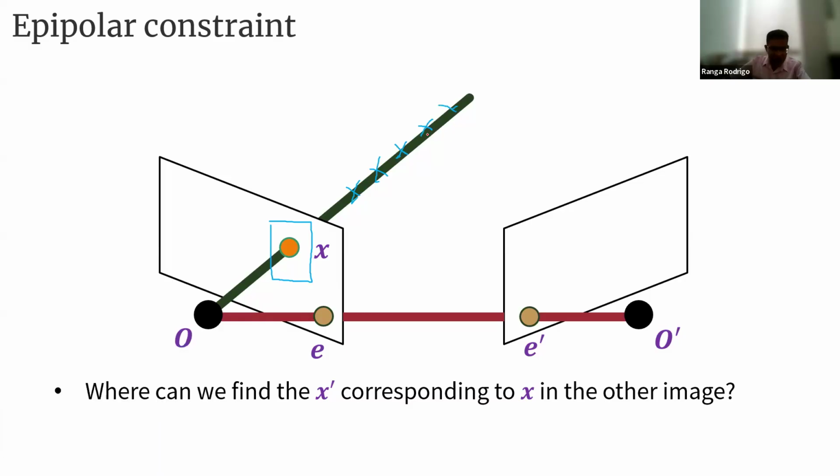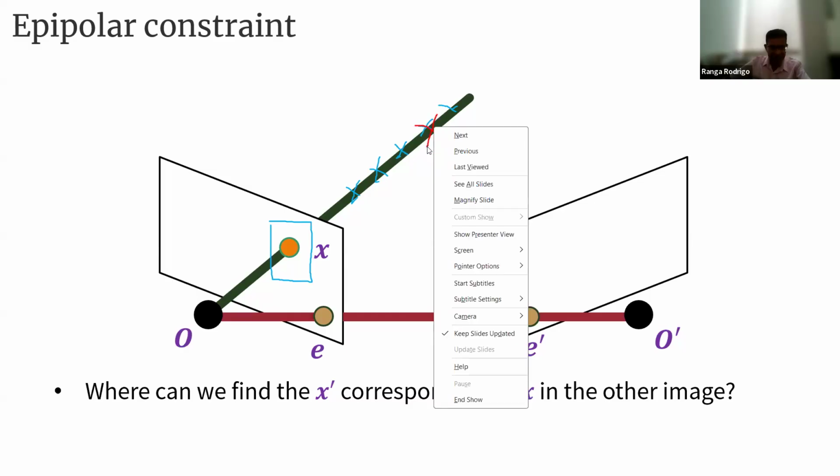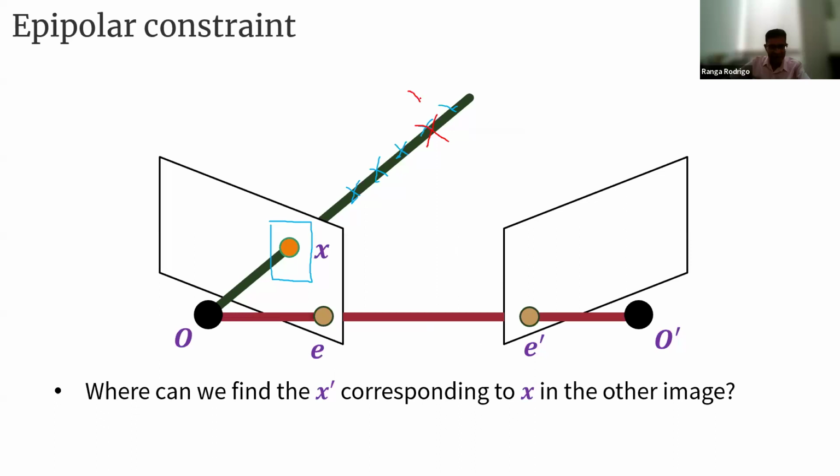Assume for now that we know that capital X is right here. That's our capital X. If that is the case, how do you find its image? You join the camera center and this point, like so. And where it cuts the image plane, you will have small x prime. That's how you do it.